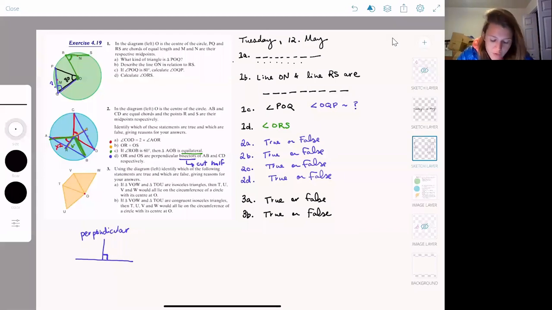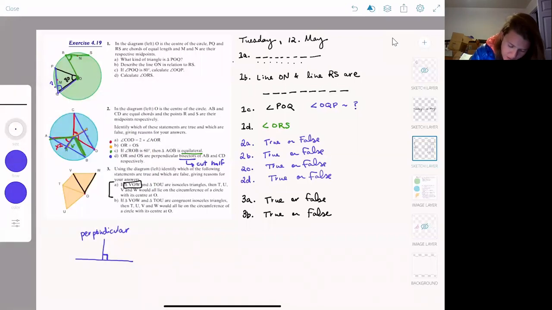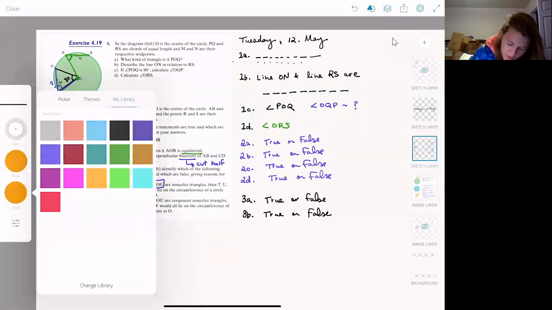So for number 3, it again asks us true, false for both questions. Now, these statements are very similar, so you want to be very careful when you decide whether or not it's true or false, okay? So let's look at A. If VOW and TOU are isosceles triangles.